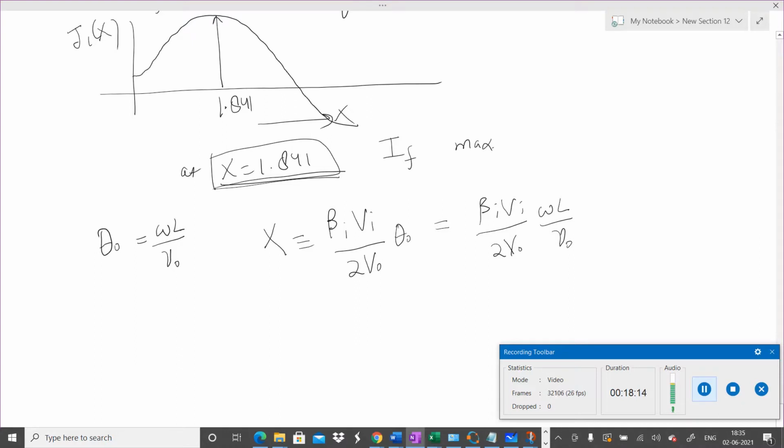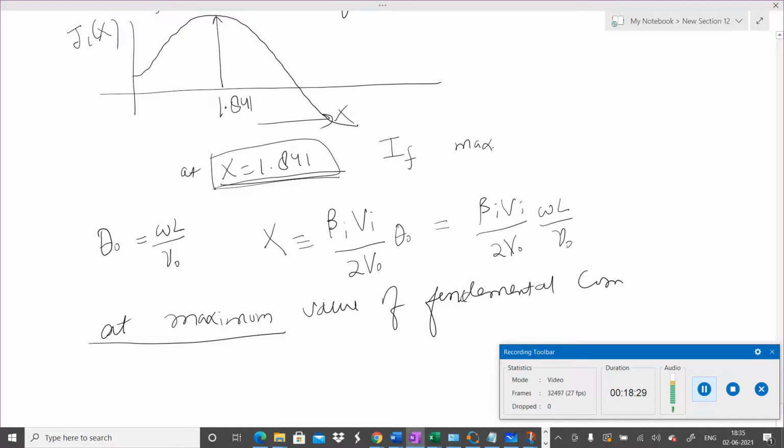Now at the maximum value of the fundamental component of current in the catcher cavity, the x at which that maximum value occurs will correspond to the highest degree of bunching.